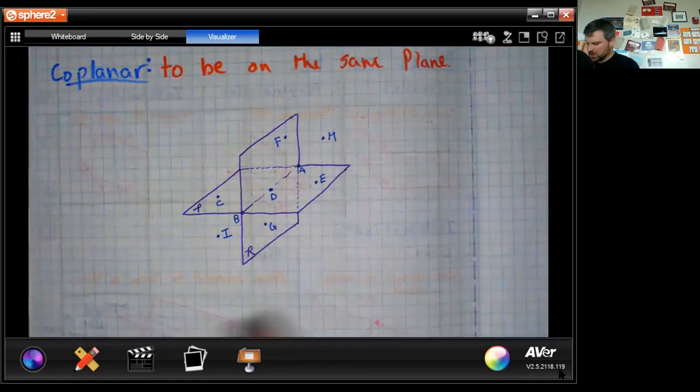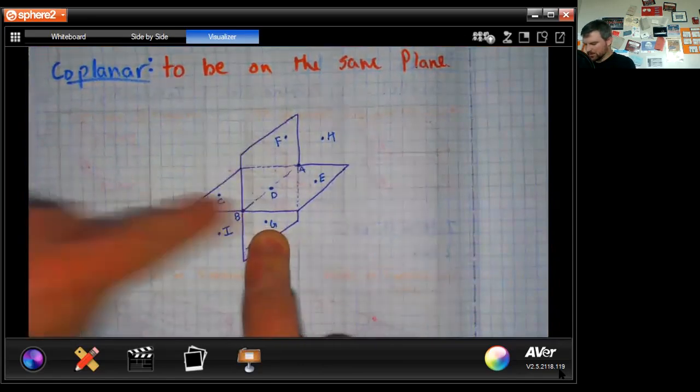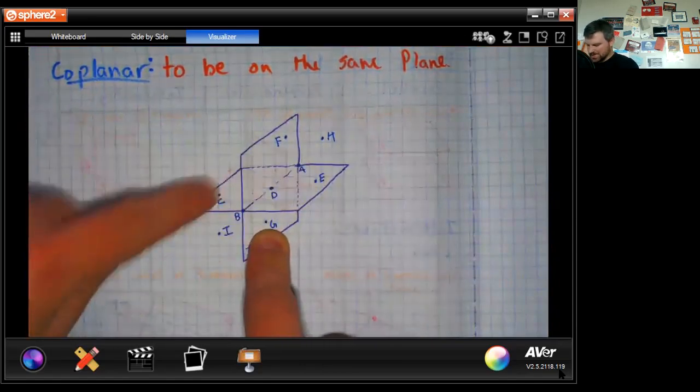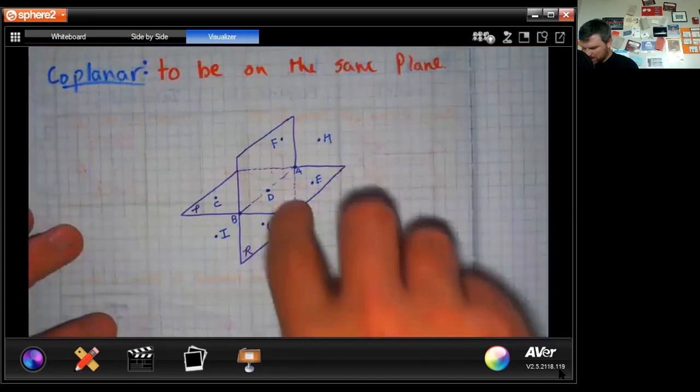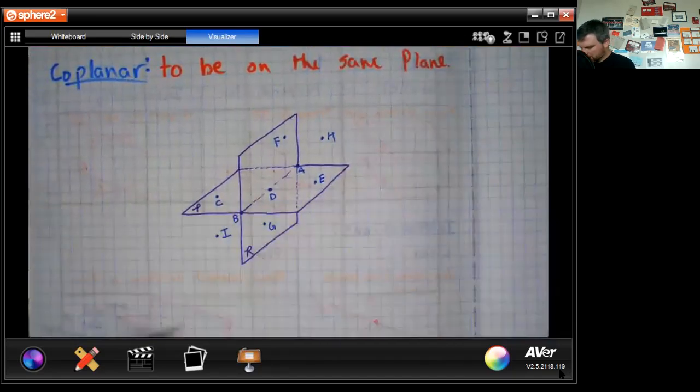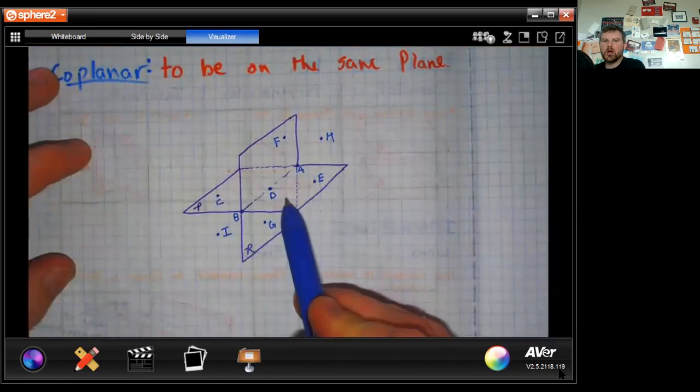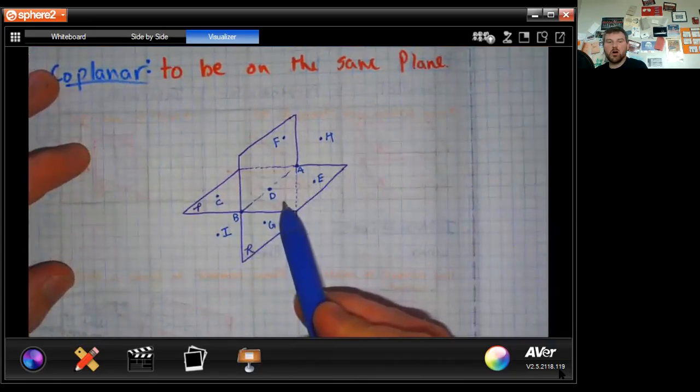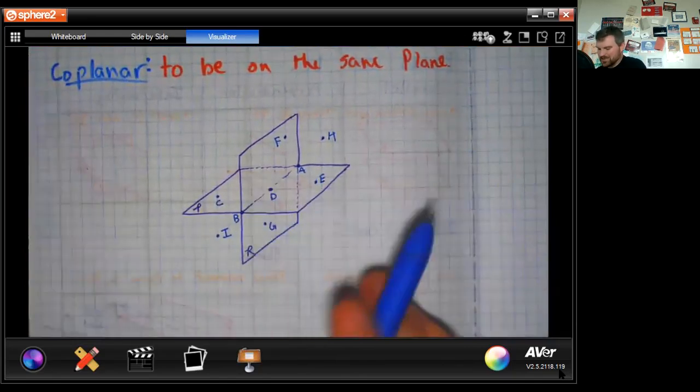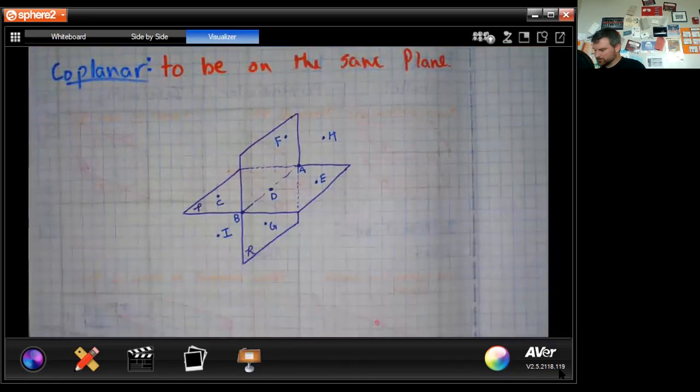Like G obviously is not on this plane, okay? E is not on the plane, but if I put E right here, it'd be hard to tell if it was just on P, if it was just on R, or if it was on both, okay? So we try to make it as obvious as possible.